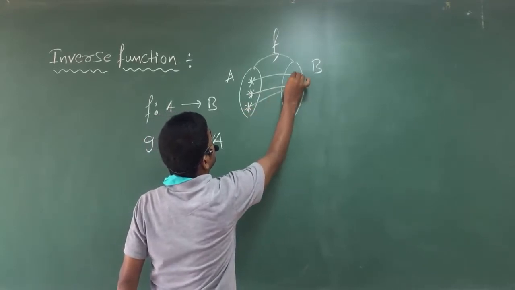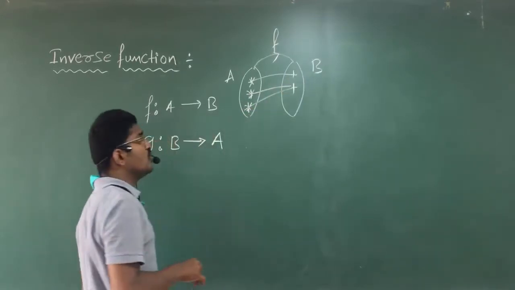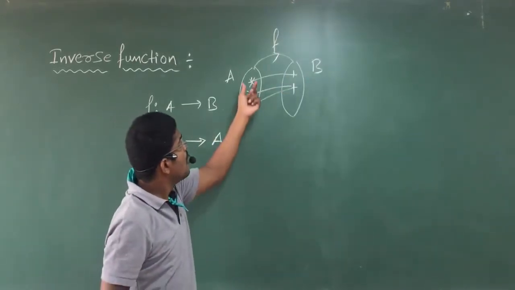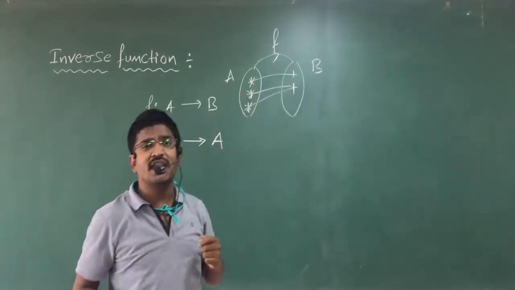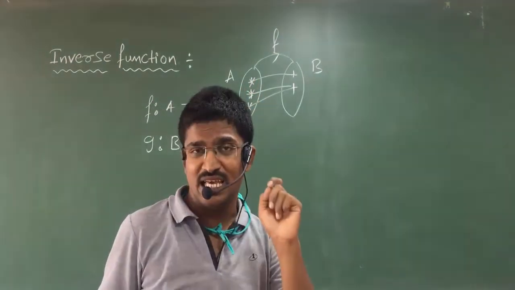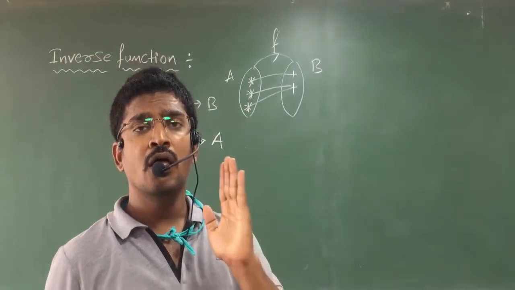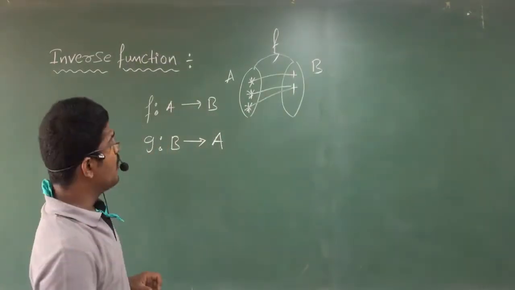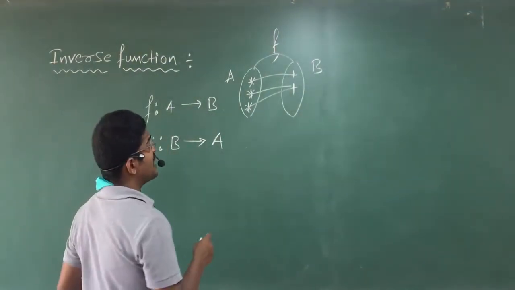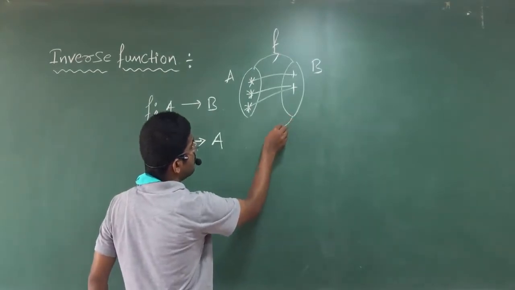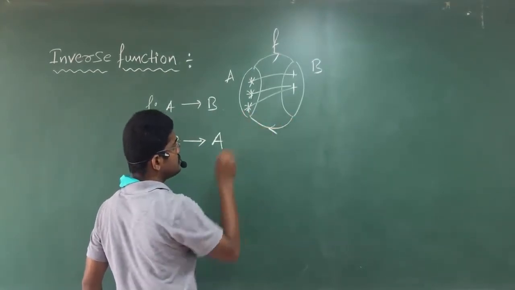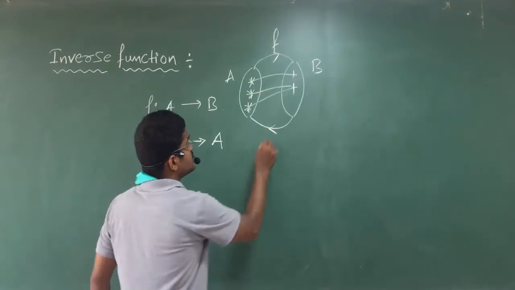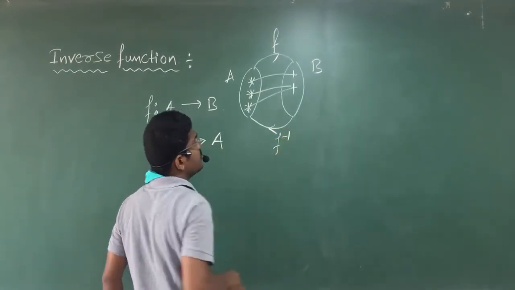That means all the elements of the domain are having unique images. That is called a function. Now my question is, can I come from B to A? That is called f inverse.